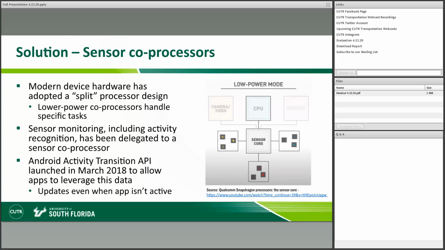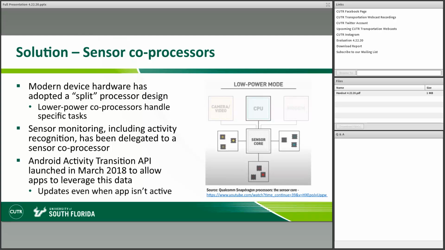You can view them as a miniature version of the CPU that's designed to do a few special things very efficiently. And so a lot of the logic related to tracking activities, to monitoring sensors like accelerometers and gyroscopes inside the phone, has all been delegated to the sensor coprocessor now, which takes a fraction of the energy of the main CPU to run in the background.